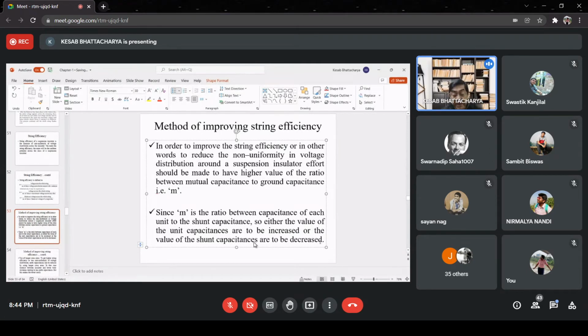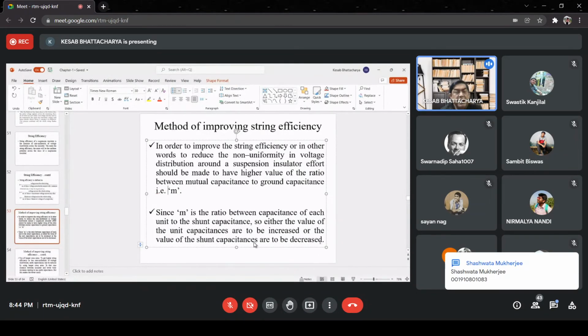These are the two ways by which we can improve the voltage distribution across the suspension insulators. I think you understand these two points.